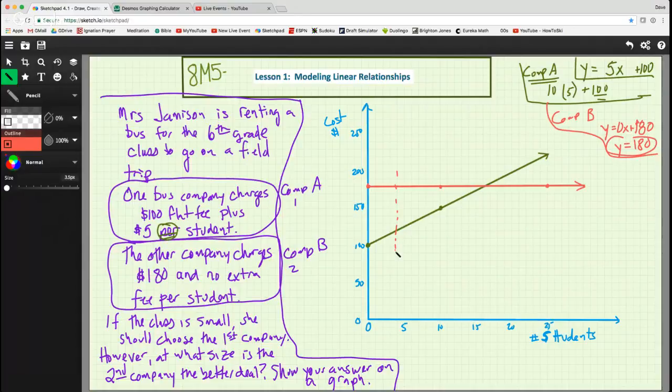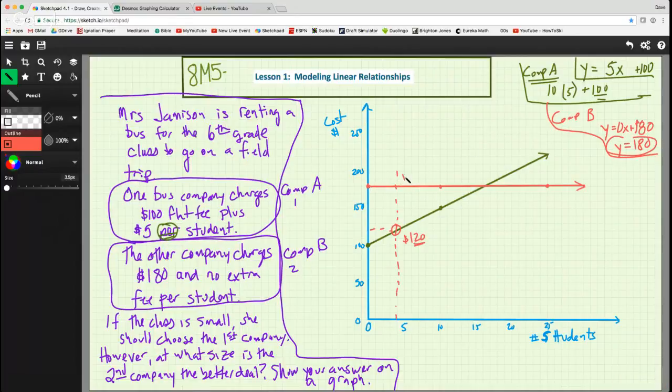Let's just see something kind of cool here. Let's look at if we had 4 students. If we went with company A, it would cost $120 for 4 students on the green line, because that would be $5 times our 4 students plus 100. That makes our 120, which is represented right here on the graph. And how much does company B charge us?